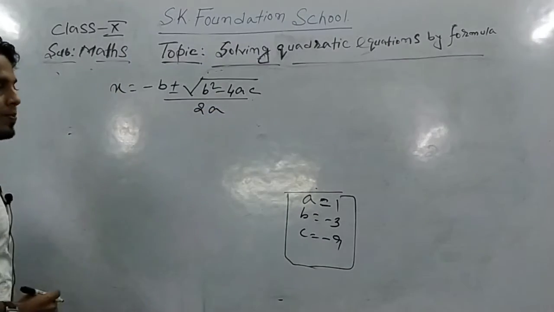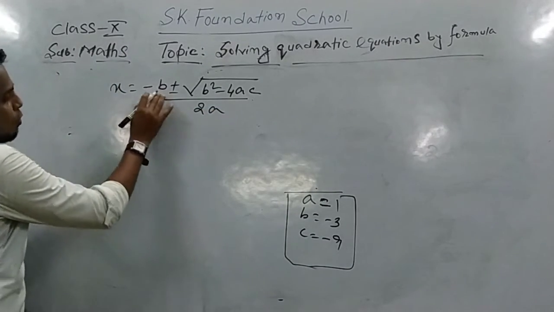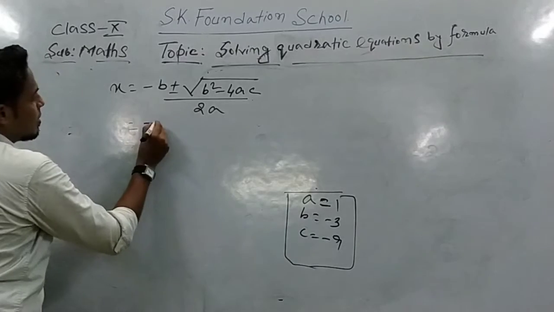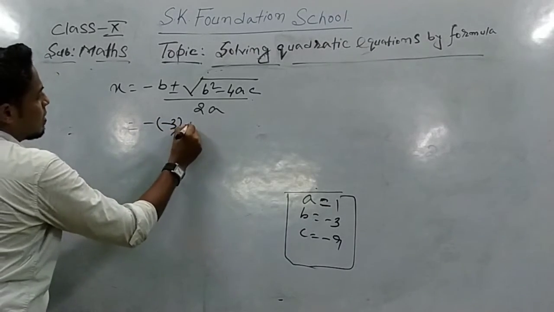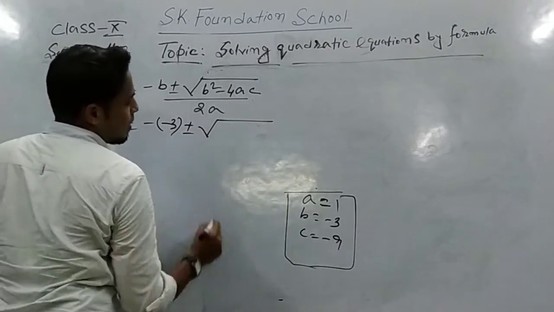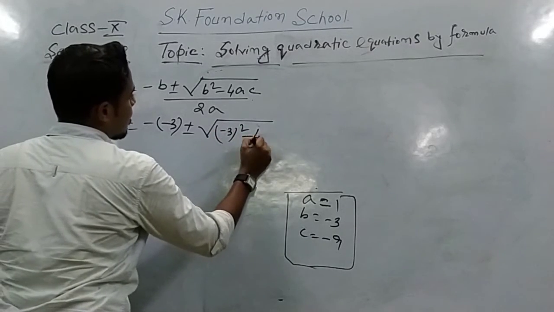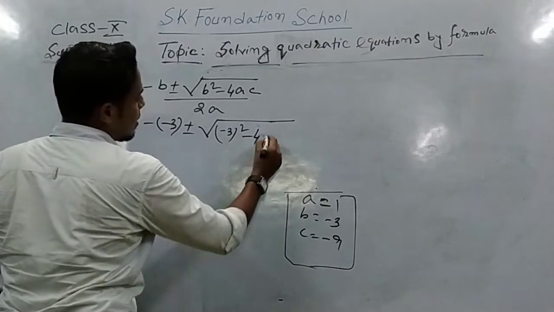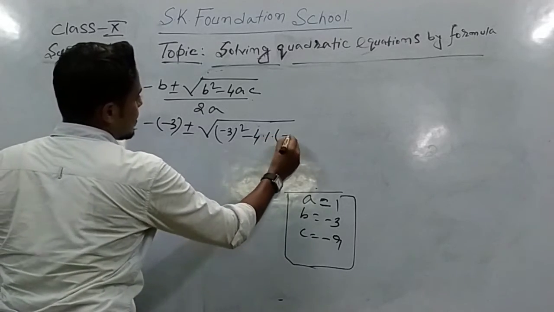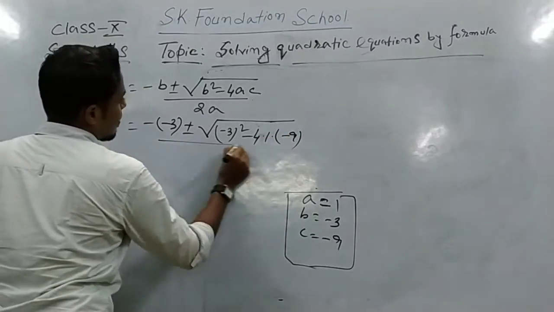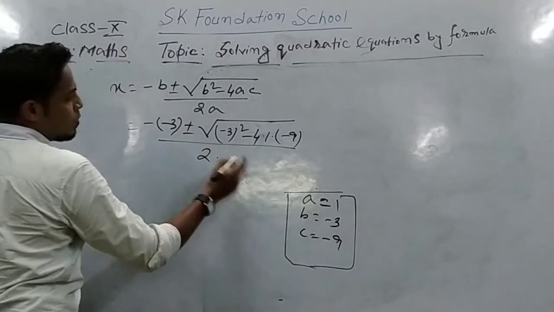The value of b is minus 3, that means minus of minus 3, plus minus root over b square, minus 3 whole square, minus 4 into a into c, that is minus 9, by 2 into 1.